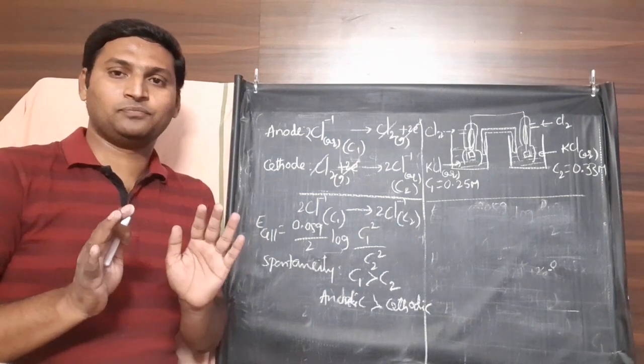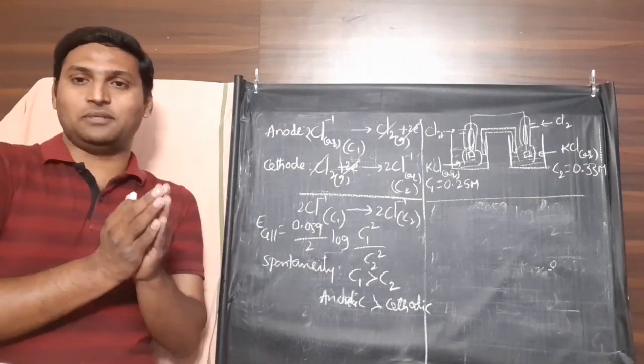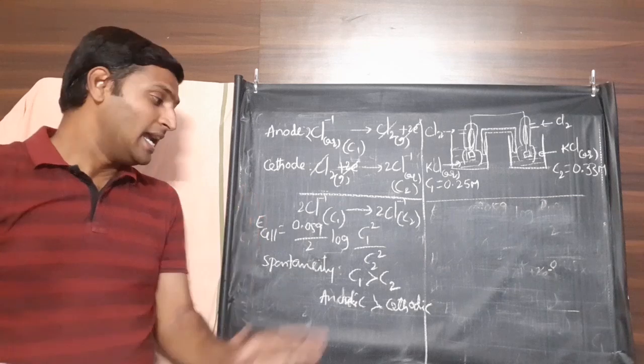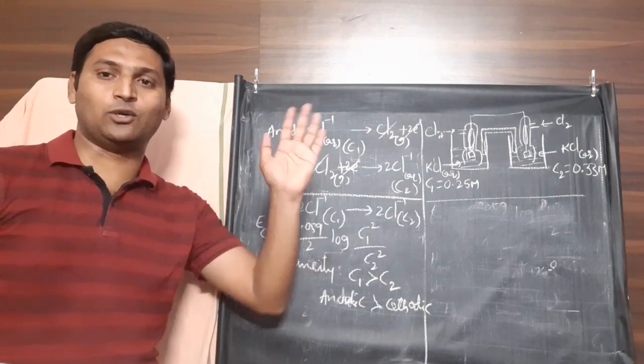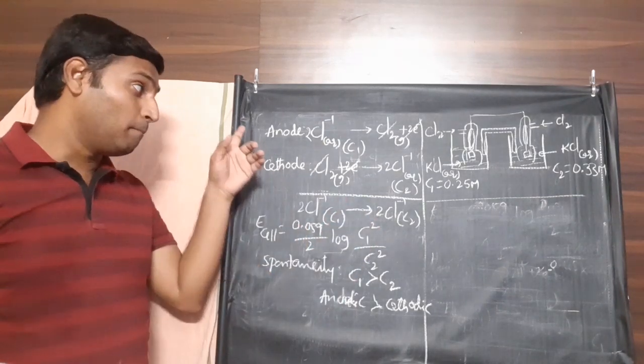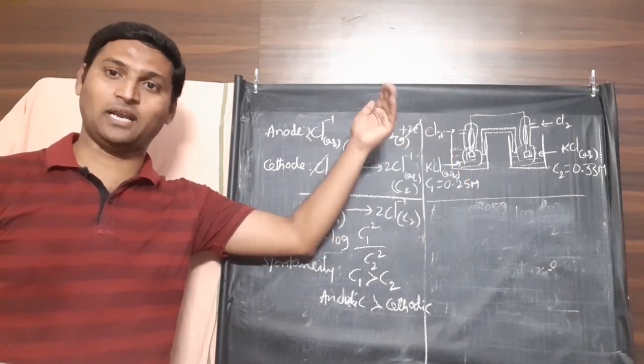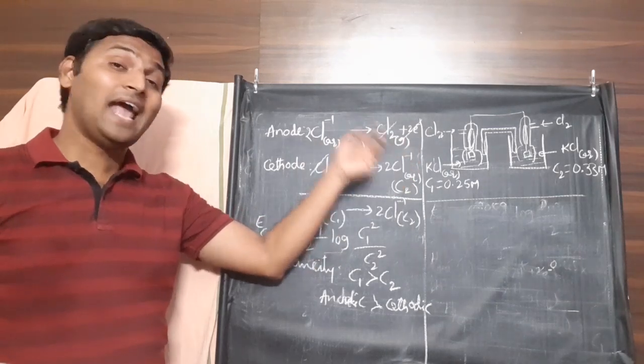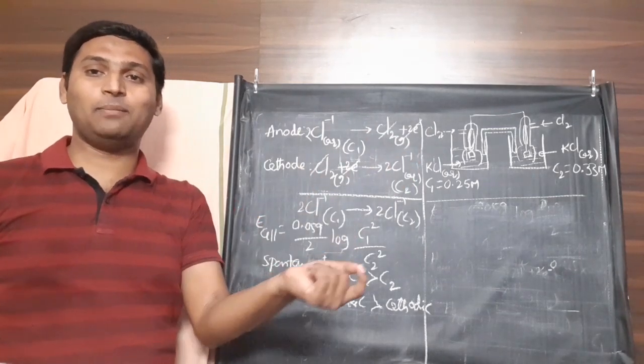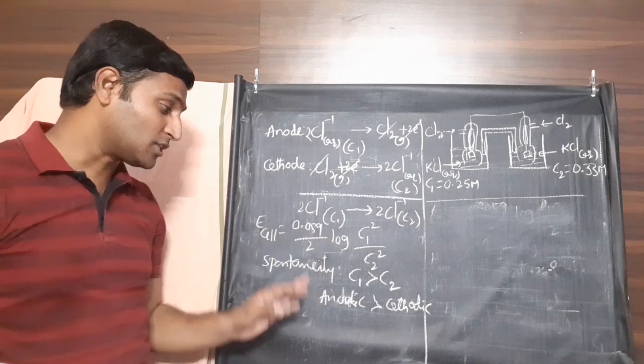So simple. If it is electropositive elements like metals and hydrogen, cathodic concentration must be larger, anodic concentration must be smaller. But whereas if it is electronegative element like chlorine, bromine, iodine, fluorine, where anions are undergoing oxidation, element is undergoing reduction, what has to happen?